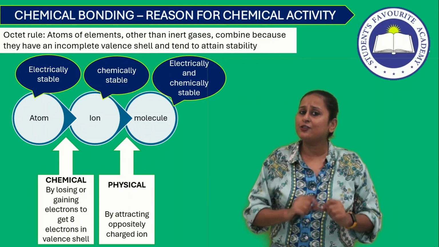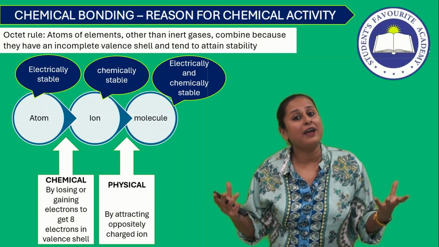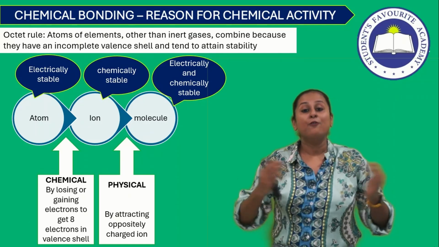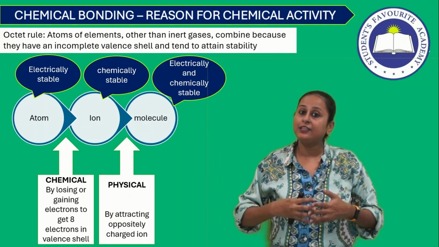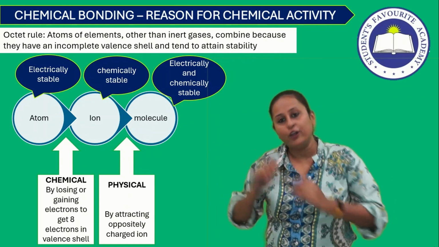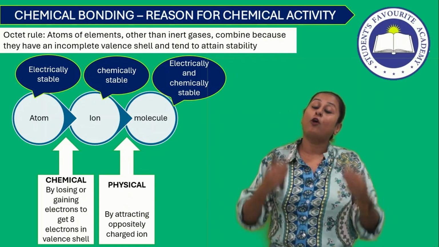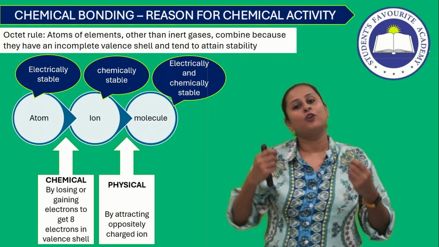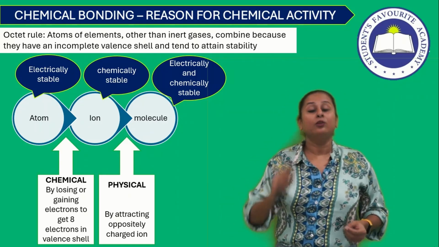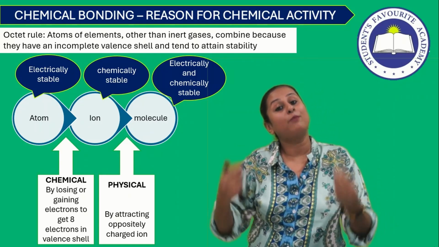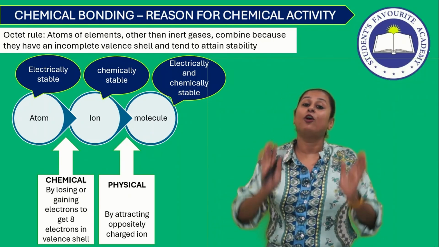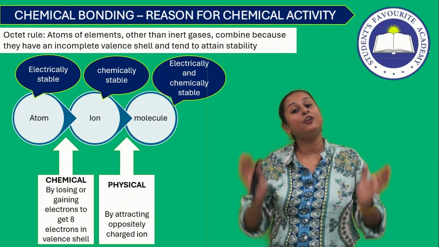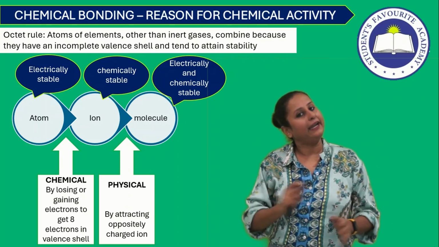Because of the incomplete valence shell, they try to complete it. While trying to complete it, they get a charge. Opposite charges attract each other, and then they form a molecule. So the reason for forming chemical bonds is also your octet rule, based on the principle of completing your octet state, or completing your valence shell with 8 electrons.